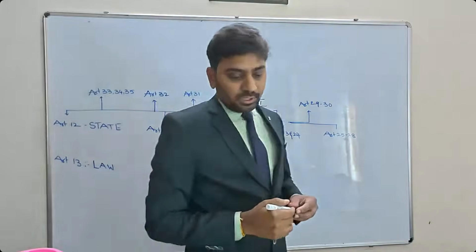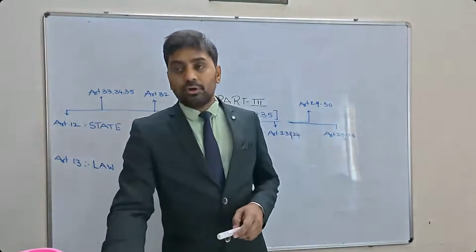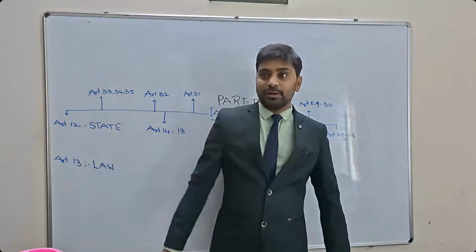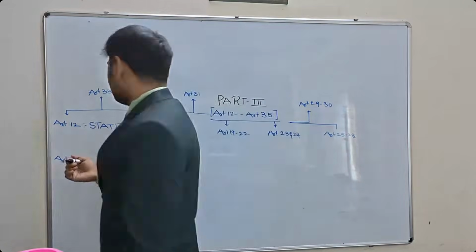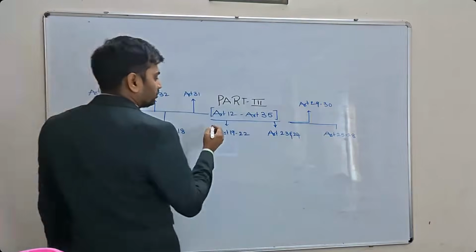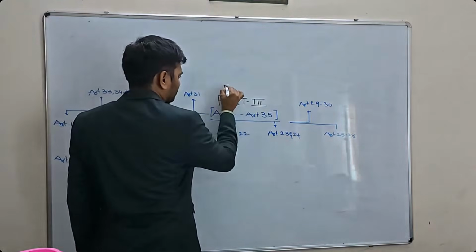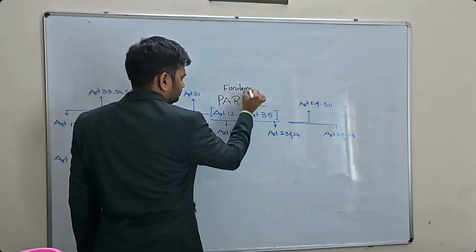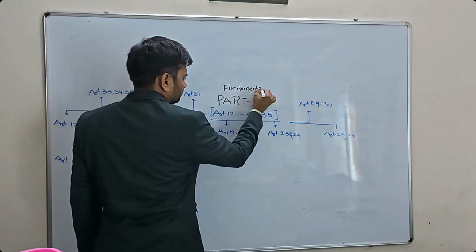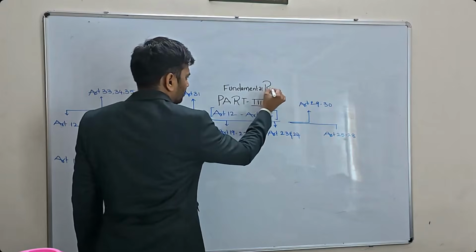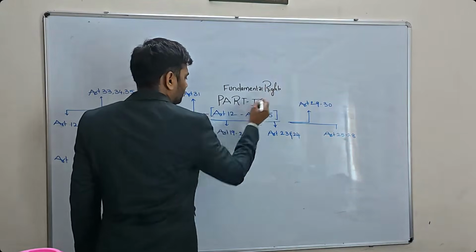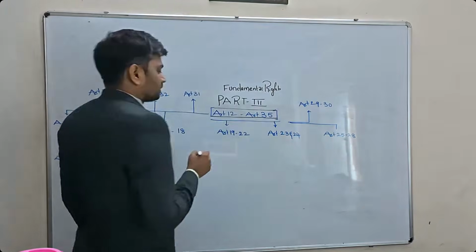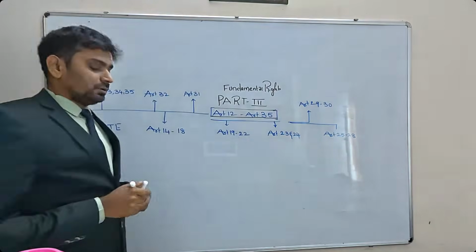So everyone has to remember all the fundamental rights, up to 51A everyone should learn by heart. So how to learn by heart? In this course, we'll start with the fundamental rights component, part 3. Article 12 to Article 35 deals with it.